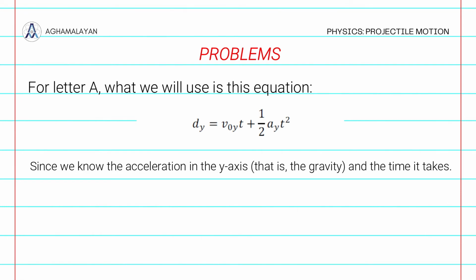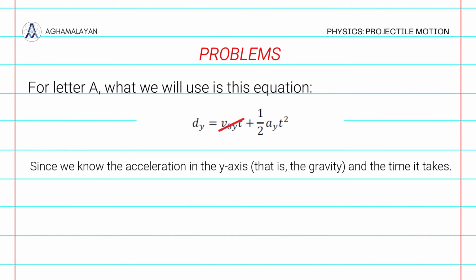Since the initial velocity given is from the horizontal axis, we know that it has zero velocity at the y-axis. So basically, we will just cross out the v naught y times time, leaving us with a working equation of d sub y would be equal to 1/2 a sub y times t squared.